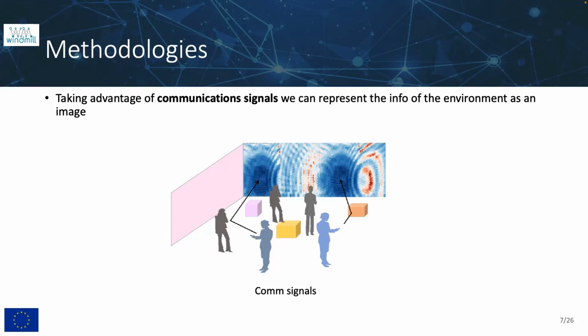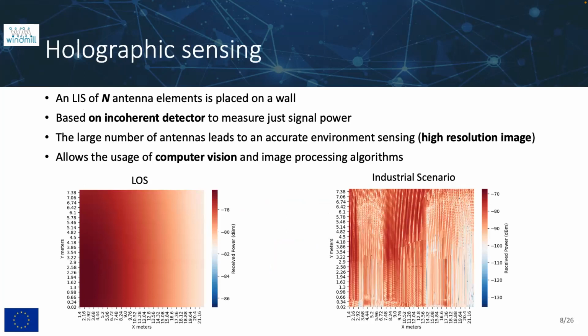We can measure the reflections in an LIS that we deploy, for example, in the wall in this case. We can see a pattern that is governed by what's going on in the environment. This is the main idea that we want to exploit. And for that, we propose two ways to do radio map based sensing with LIS.